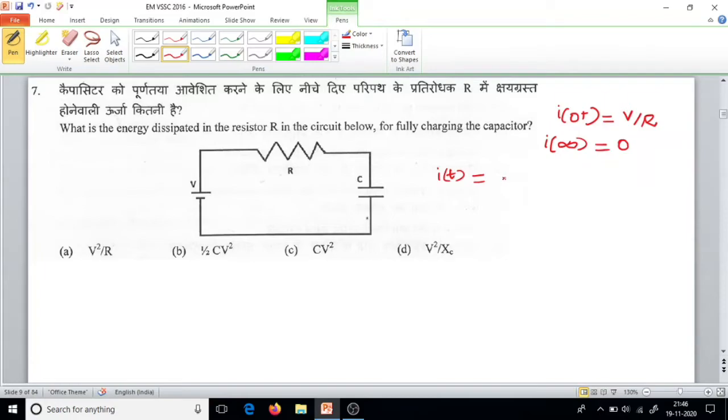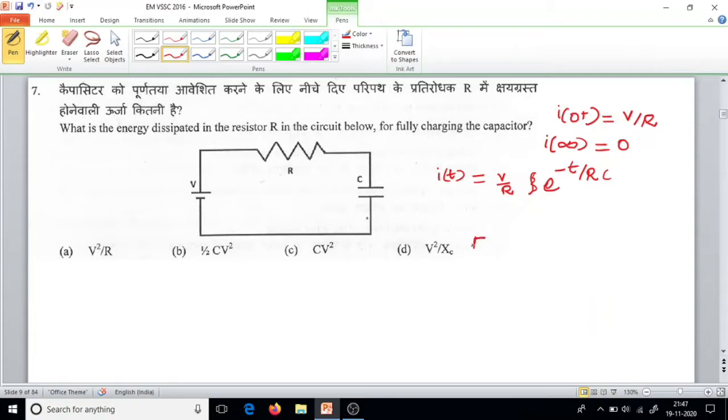That is I max, which equals V by R times e to the power minus T by RC. At any time, using this equation, we can find the current through the capacitor. Now, what is power?